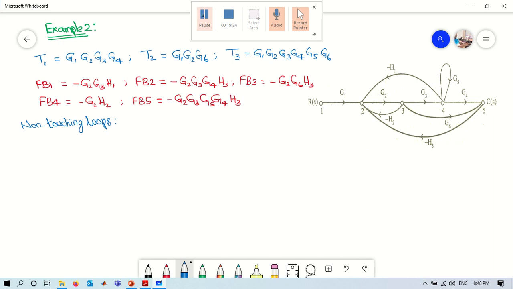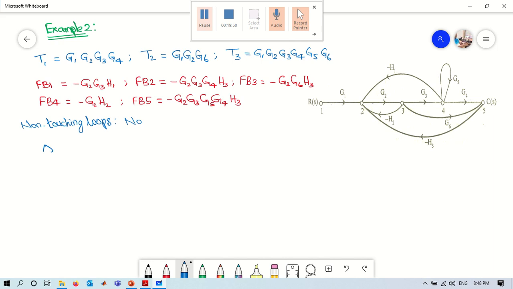If you take all the feedback loops, G2 is one of the common nodes in all the cases. So in this problem there are no non-touching loops present. I cannot consider the path over here since all the loops are touching the forward paths.